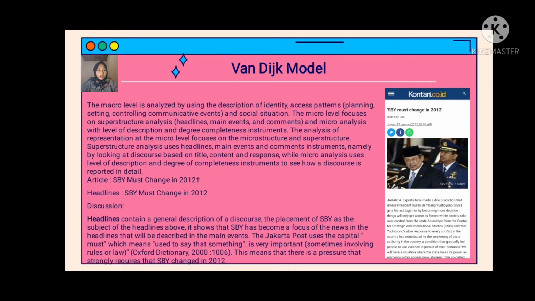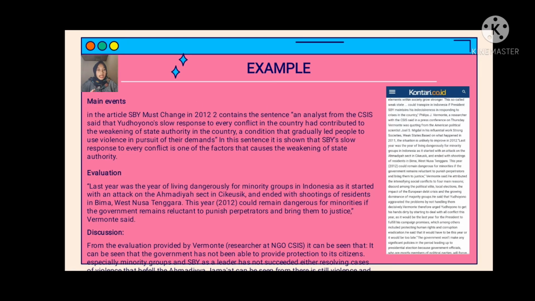Alright, after the headline, here we have the main events in analyzing text using Van Dijk. The main events in the article "SBY must change in 2012" contain the sentence and analysis from the CSIS, which said that Yudhoyono's slow response to every conflict in the country had contributed to the weakening of state authority in the country, a condition that gradually led people to use violence in pursuit of their demands.